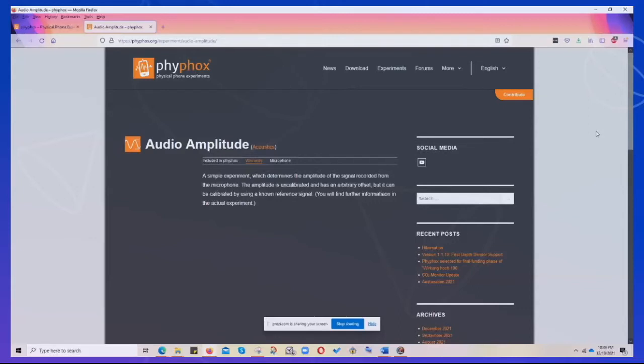Within Phyphox, I'm going to use audio amplitude to do my experiment. This experiment allows the app to take the audio data by using its microphone and then export the data as a CSV file later, which we can use for our experiment.